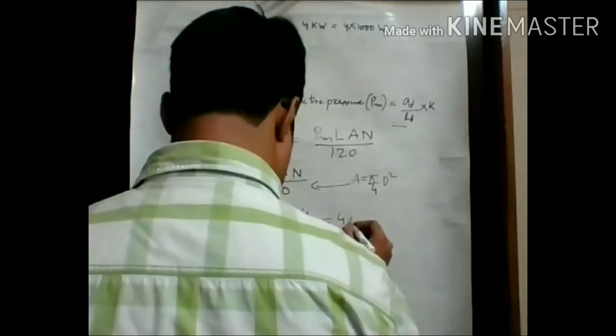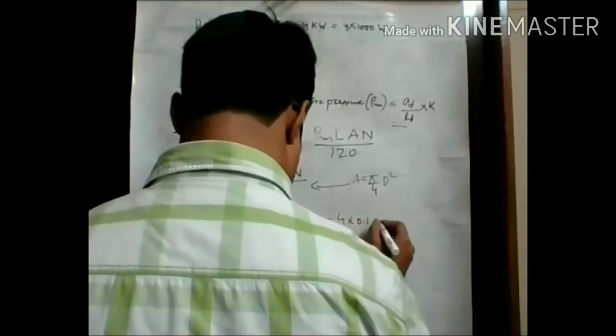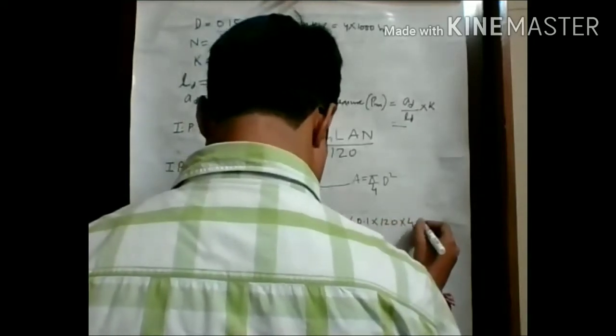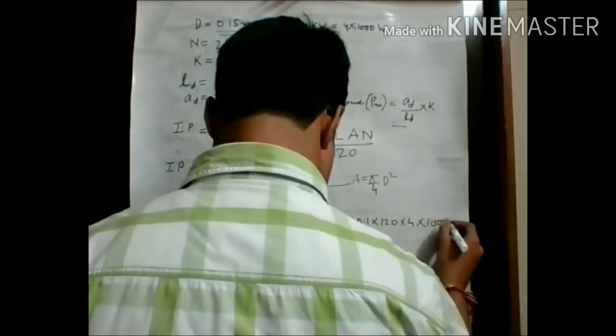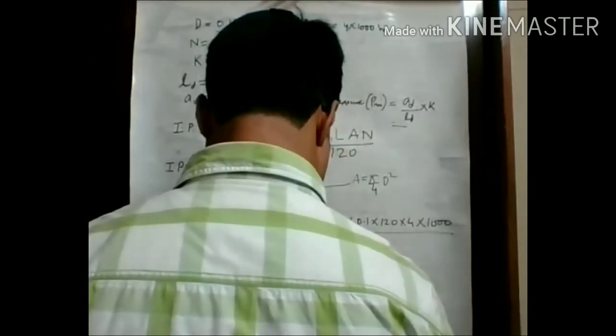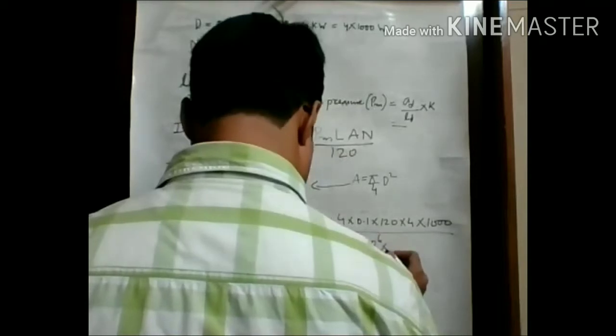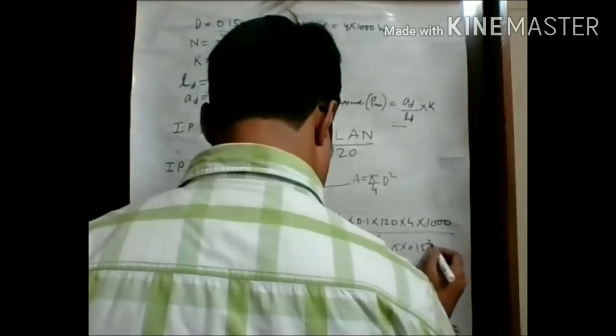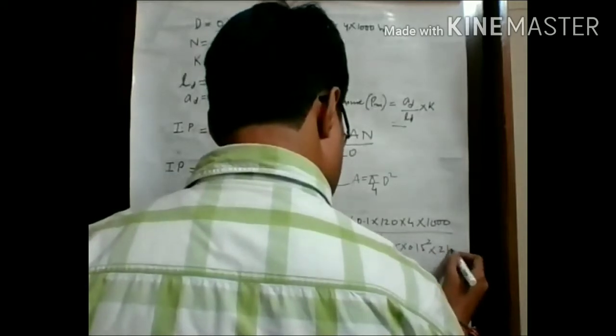So 4 multiply 0.1 multiply 120 multiply 4 multiply by 1000 divided by 25 into 10 to the power 6 multiply by pi multiply by 0.15 square multiply by 216.